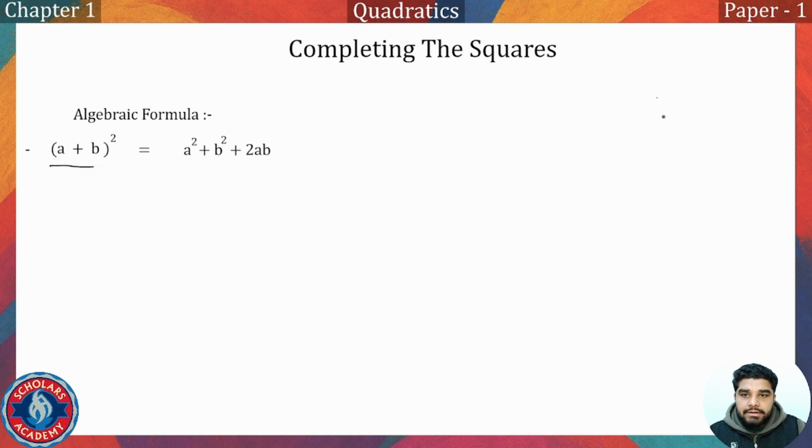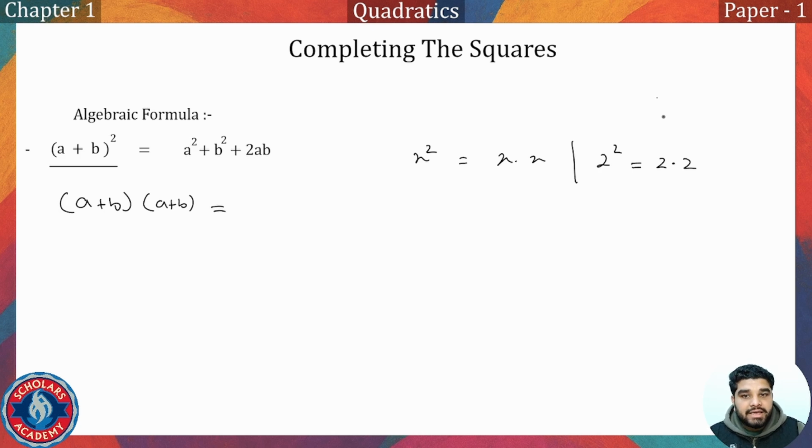If I want to tell you about these, a plus b whole square can be written as a plus b times a plus b. As if I say x square can be written as x times x, or 2 square can be written as 2 times 2. So I write a plus b whole square as a plus b times a plus b.